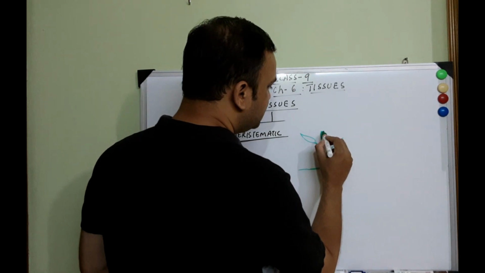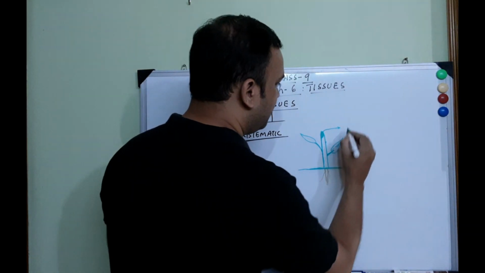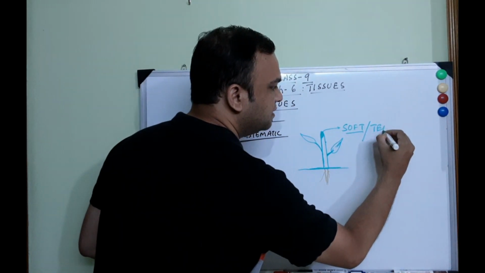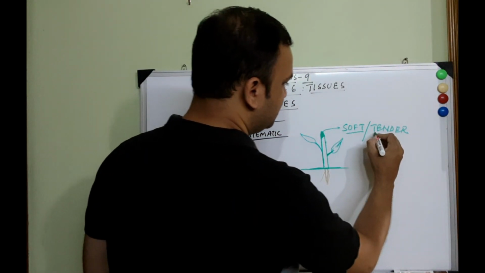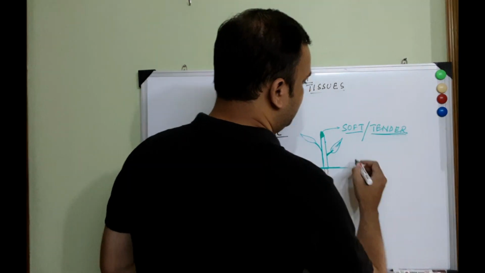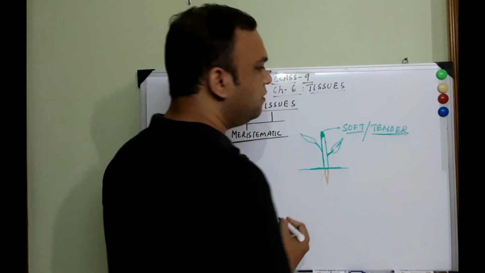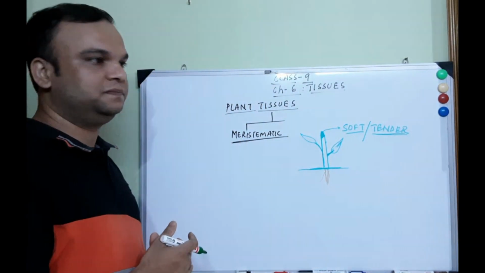If you ever notice, this particular portion is very soft, or you can say very tender. At this soft and tender shoot, which is at the apex, we will find a particular type of meristematic tissue.